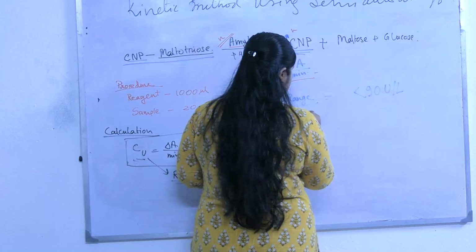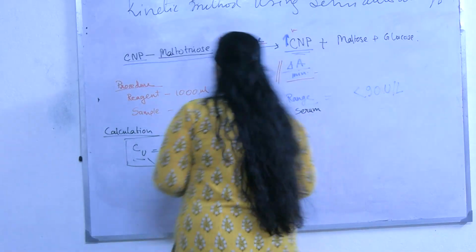Okay. Less than 90 unit per liter. This is the normal value of amylase in serum.